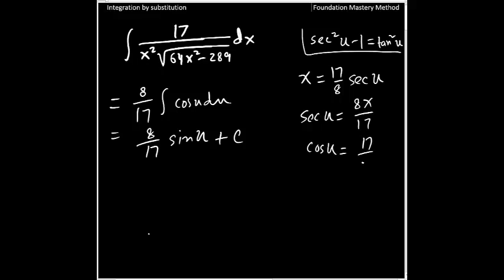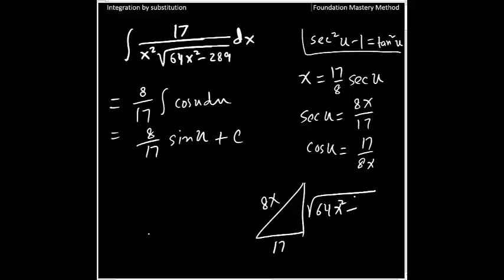So 17 over 8x. Now from this it is easy to determine sine u. 17 over 8x, this one will be, now this is squared, which is 64x squared minus 17 squared, which is 289.